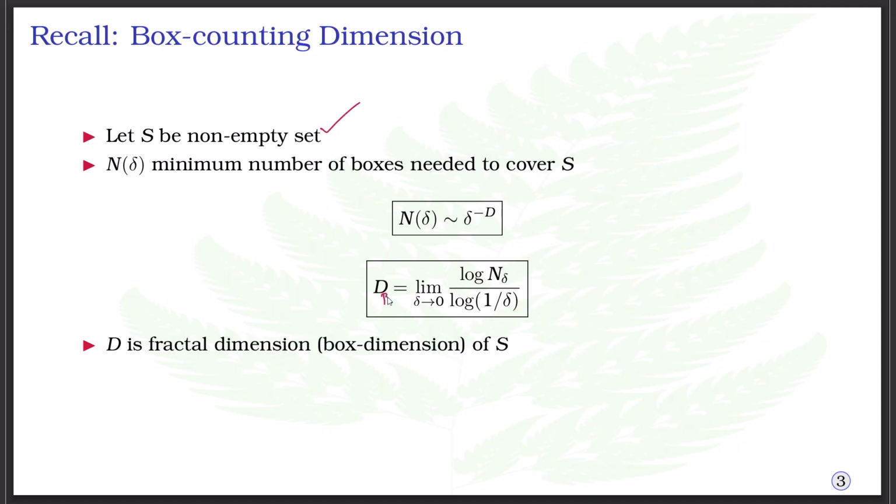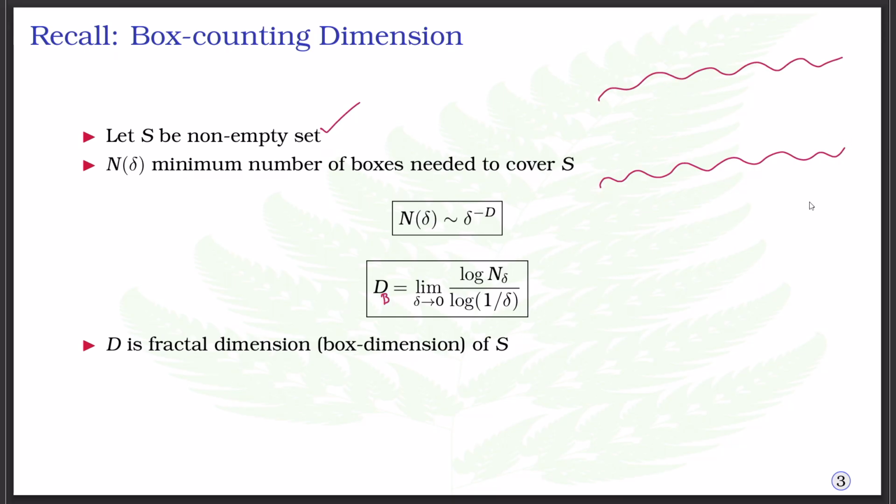We can denote it as d B or simply d: limit delta tends to 0, logarithm of n of delta over log of 1 by delta, the inverse of the size of the boxes. This dimension we can call the fractal dimension. Now you can consider a curve like this one, the object like this one.